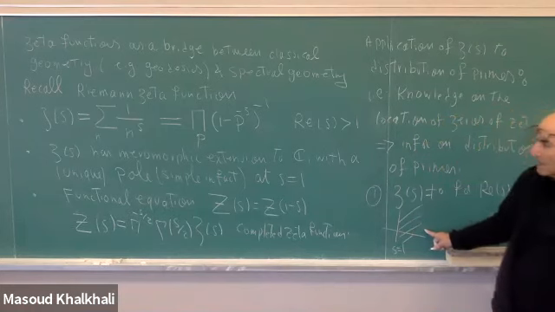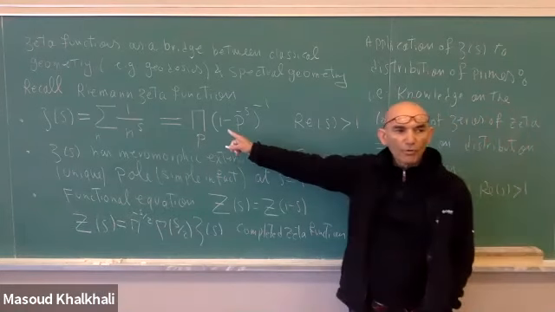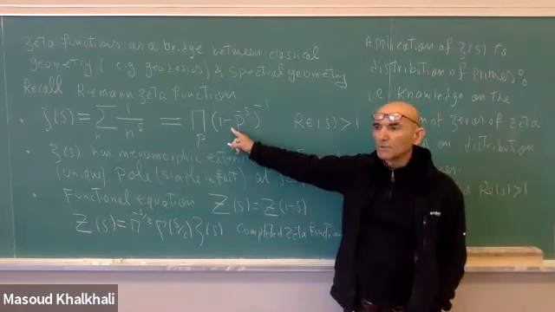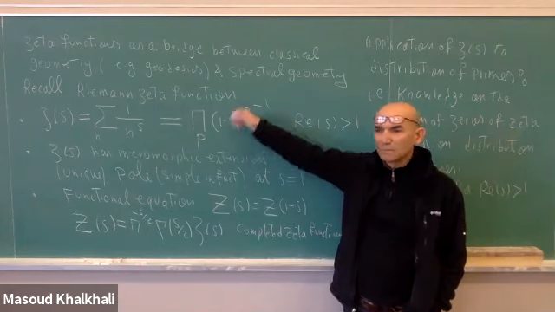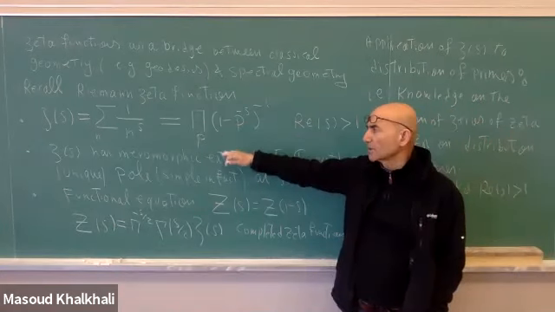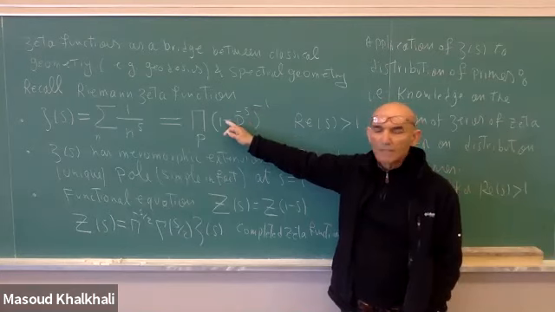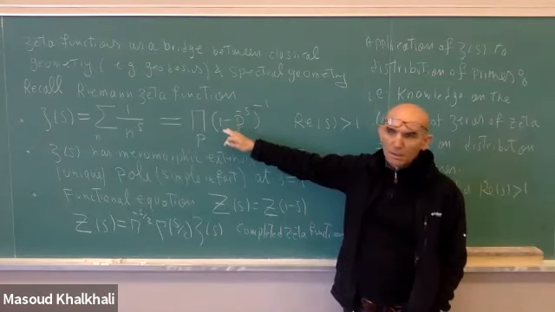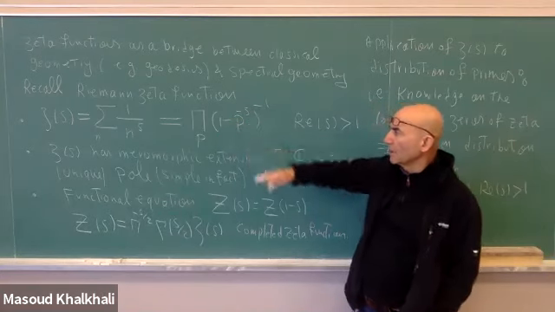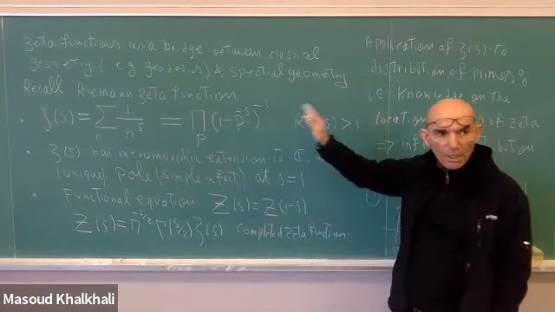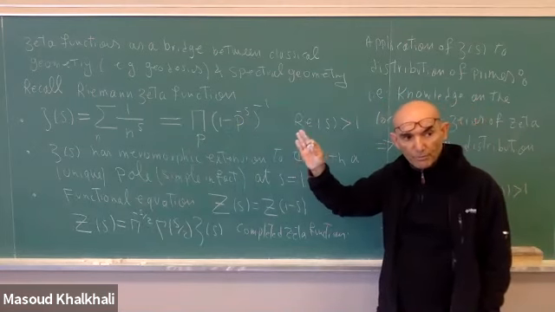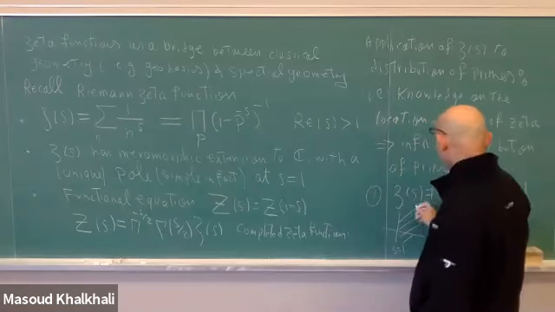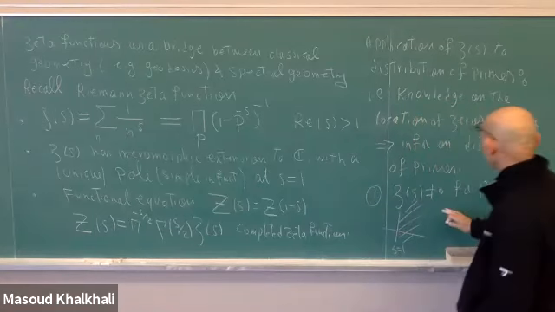The reason this is non-zero is this Euler product formula, because none of these factors are 0, and theory of infinite product is such that in that case this is not 0. So it's not just for the real line; it's for all complex numbers with real part bigger than 1. Right? So if you are here, then this is never 0.